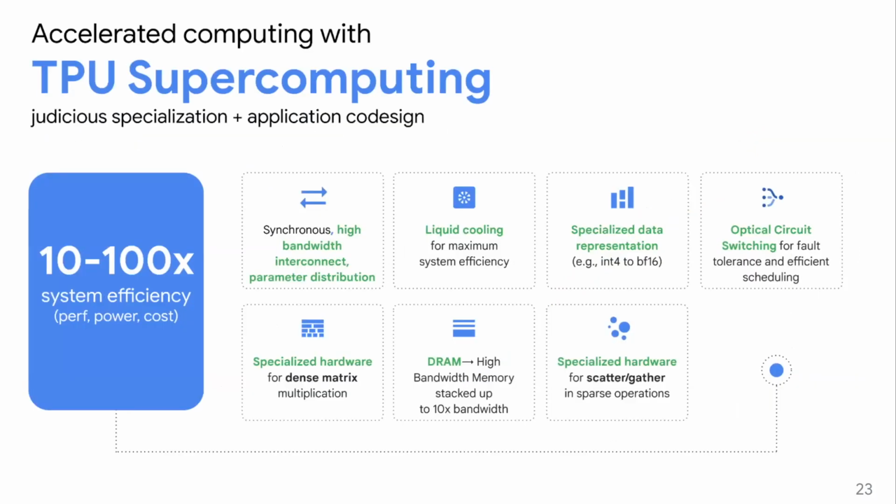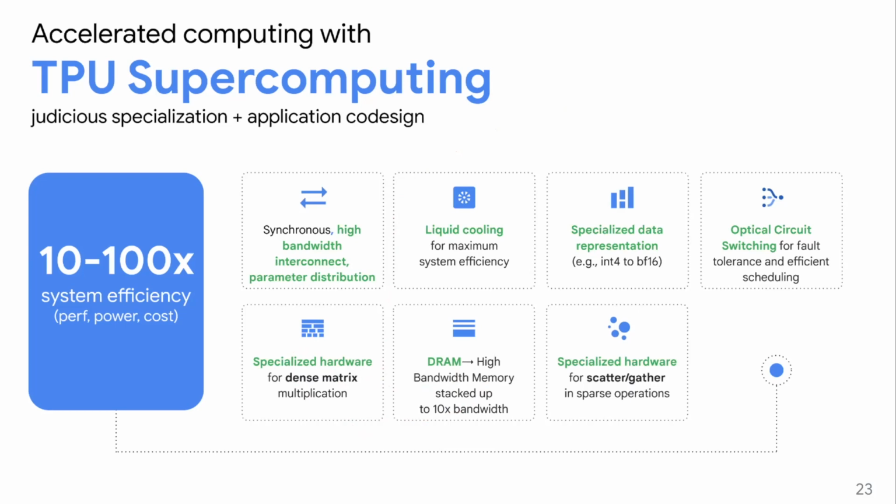So this is just recapping a couple of the features in the TPU v4. We're getting 10 to 1,000x efficiency over competitive solutions, being things like CPUs that we would otherwise do these kinds of models on. Some of the principles of the entire system: we build specialized hardware for dense matrix multiplication. You can see from the architecture of the TPU, it's not really a sea of processors.